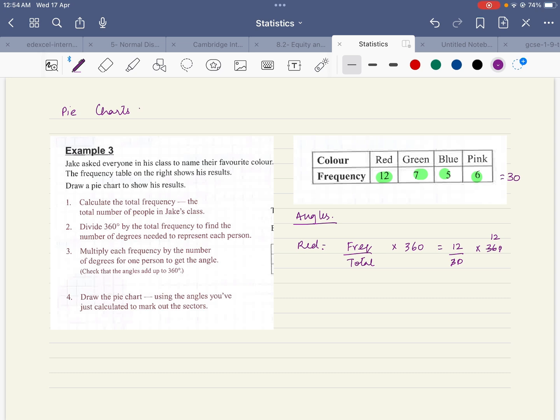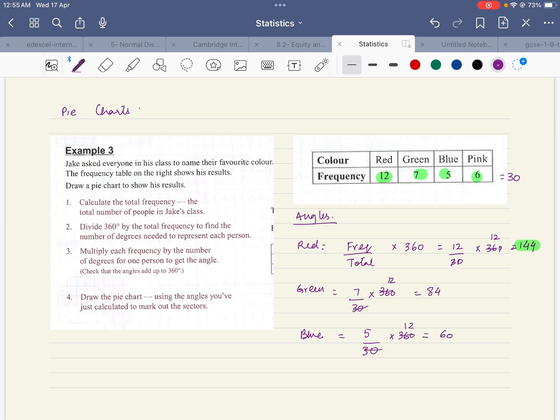So the angle for red is 144. This is the angle that we will use. For green, we have frequency 7 upon 30 into 360. This is 12. 7 12s are 84. Then blue, 5 upon 30 into 360.